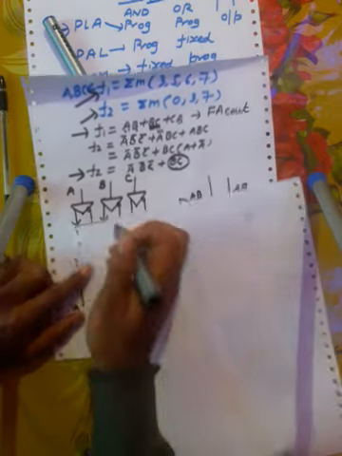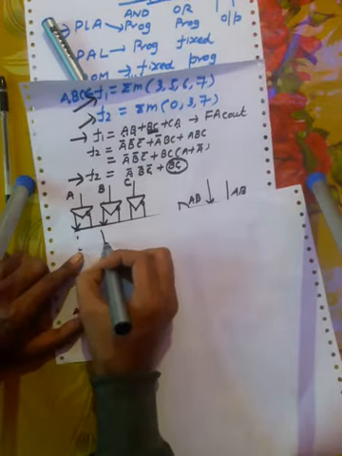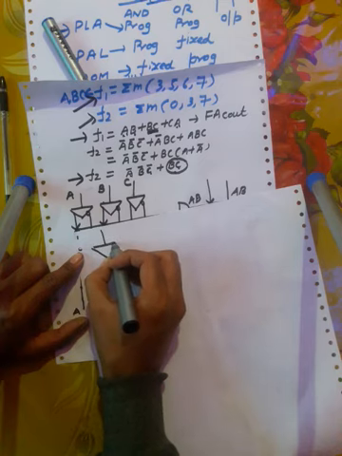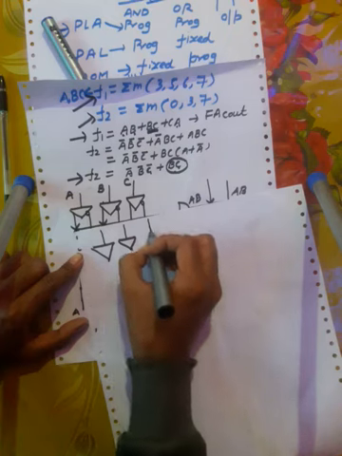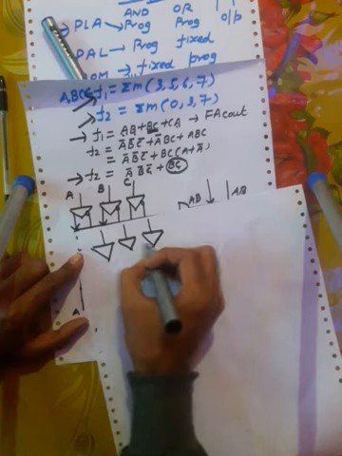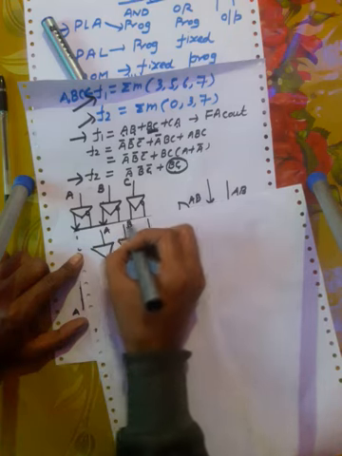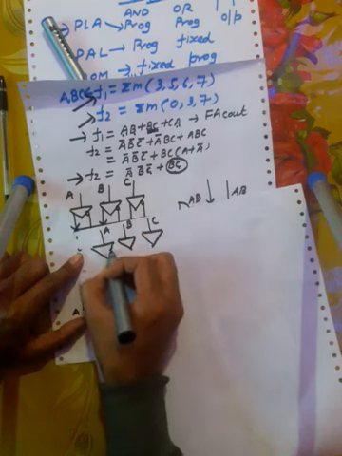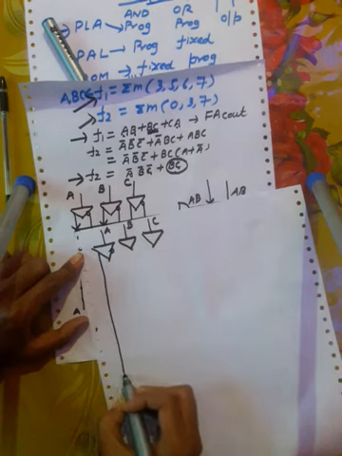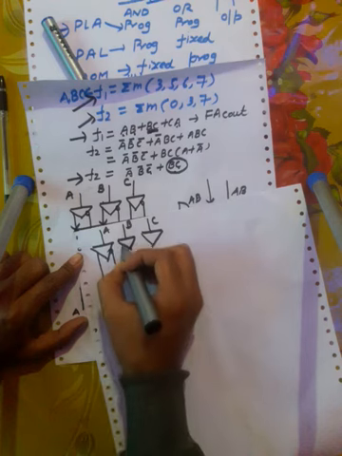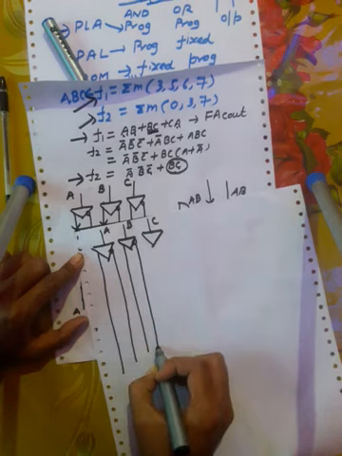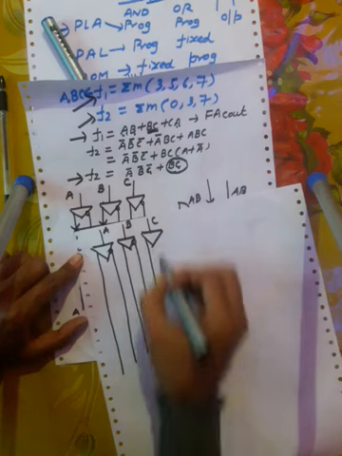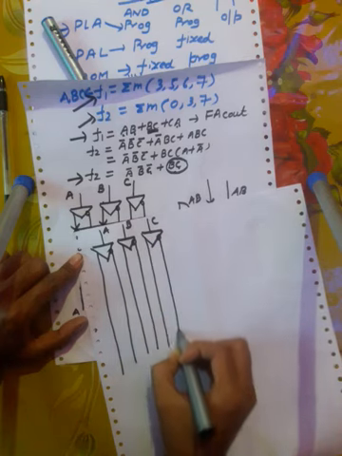I am taking the same way: 1, 2, 3. A, B and C. This is your A, this is A bar. This is B, this is the bubble, this is B bar. This is C, this is C bar.